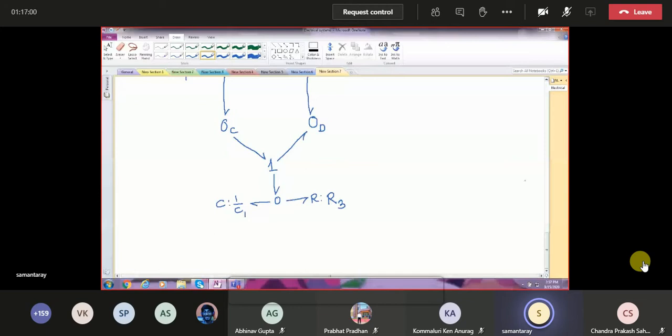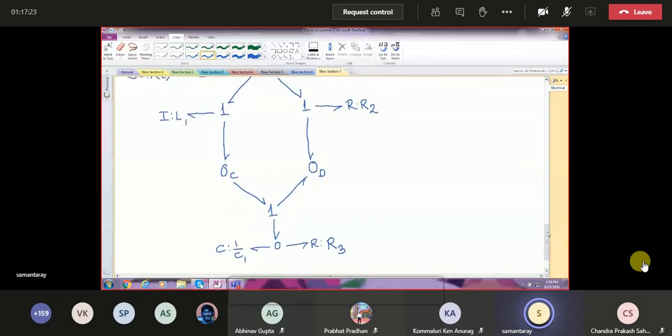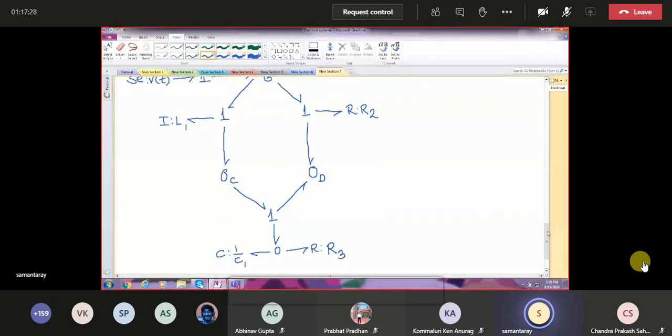Note that if potential at C is something and potential at E is 0, then the potential difference between C and E is the same as the total potential at C. The same thing appears at D. So 0C and 0D, which are actually full potentials, also represent the potential difference because ground potential is 0.